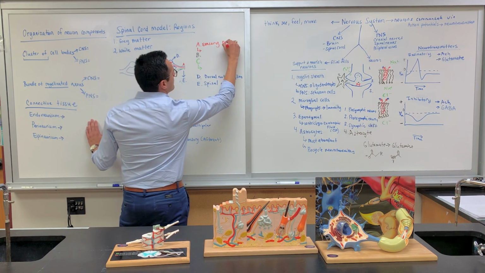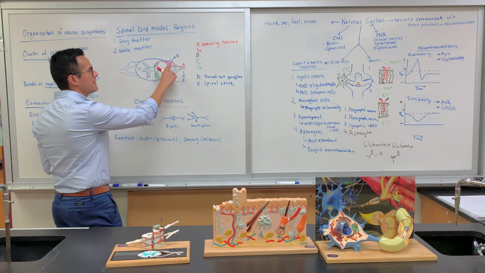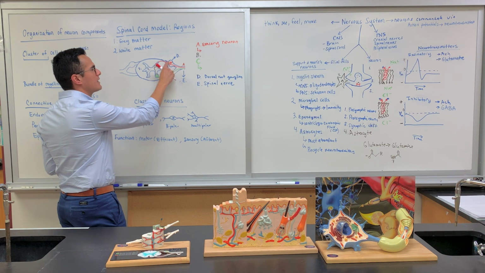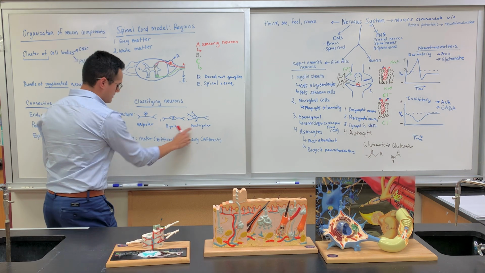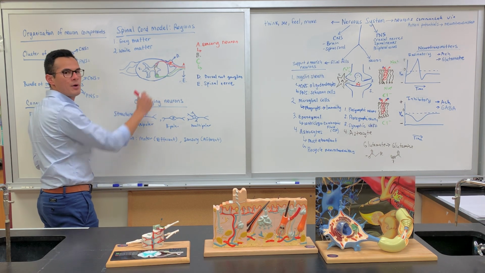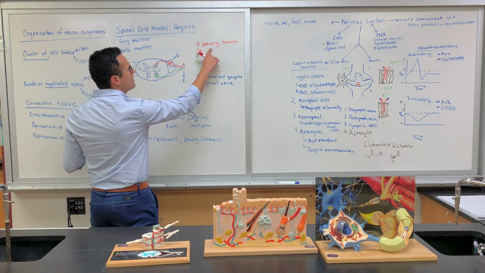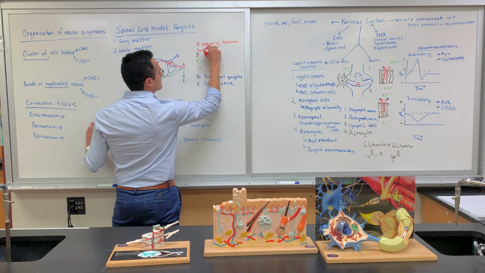Let me write that out. So it'd be a sensory neuron. And this specific type, if we classified this one out of these, what would it be? Unipolar, right? Based off of there's only one thing coming off of the cell body. So the specific type of sensory neuron that's found here is unipolar.